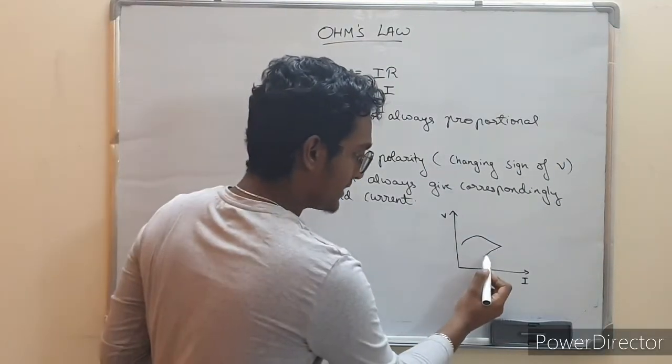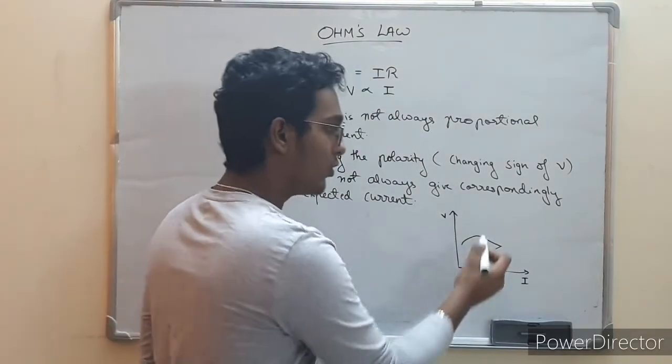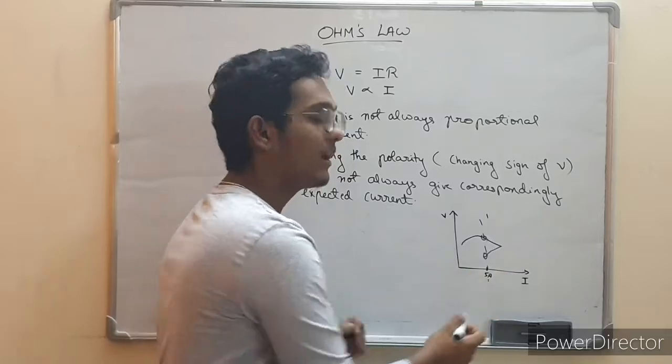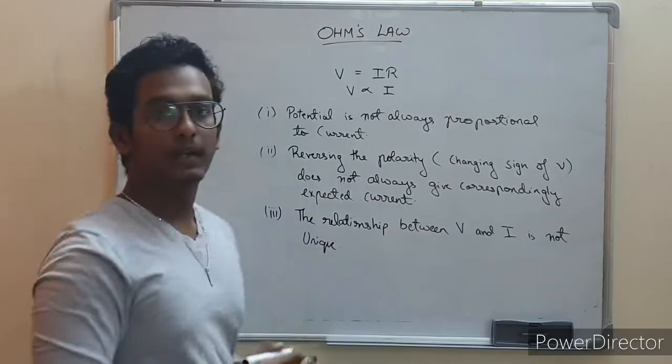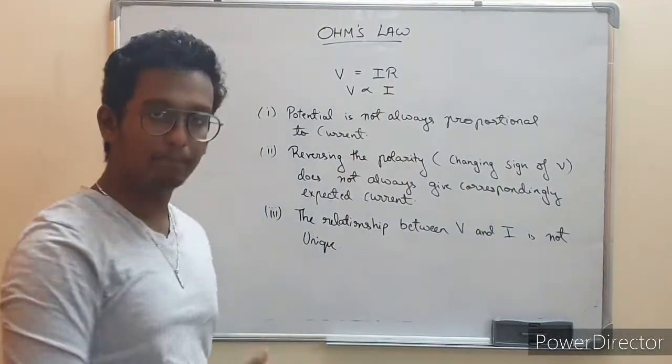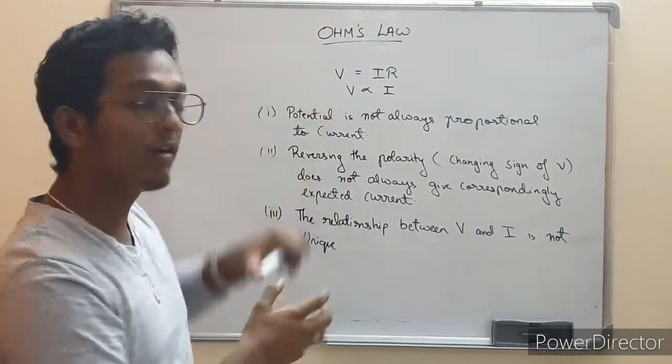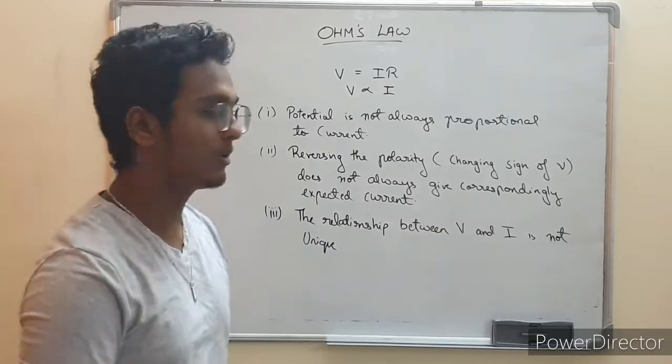Here you can clearly see that there are two voltages at this given current, and this is the third case. So these are the three cases of how Ohm's law fails. These are the limitations of Ohm's law.